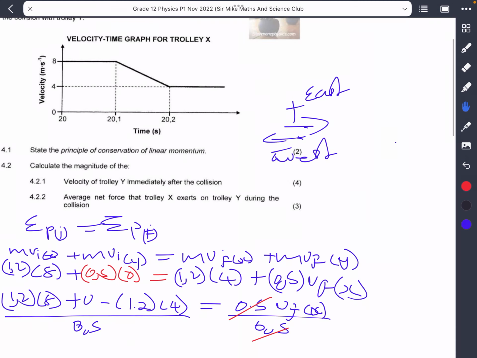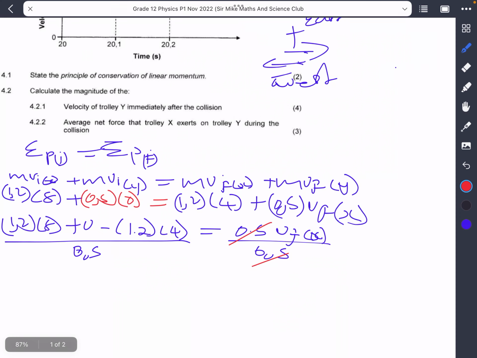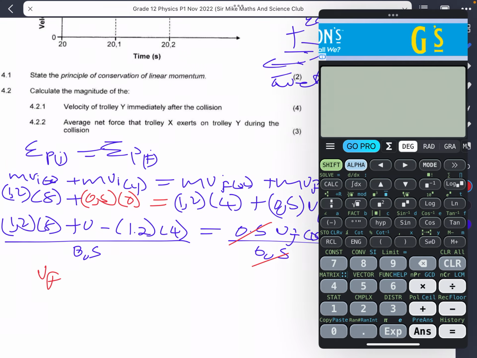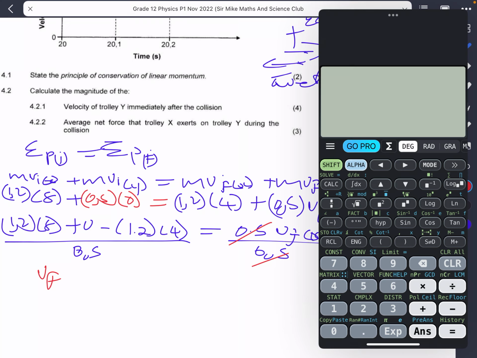Let me just scroll up again. So in this case, what we have is VF being equal to, let me just take the calculator there, 1.2 multiplied by 8 plus 0 minus 1.2 multiplied by 4, and then we divide by 0.5.